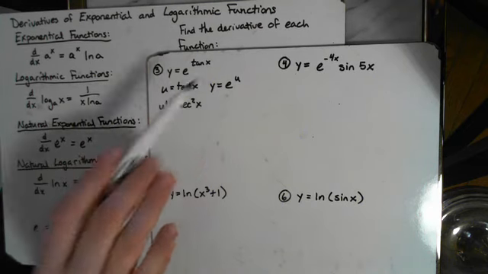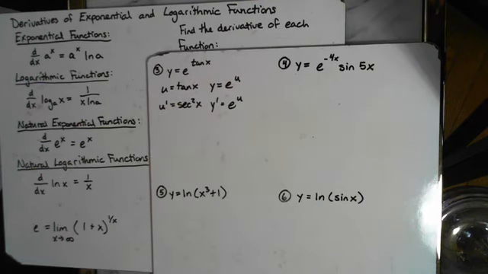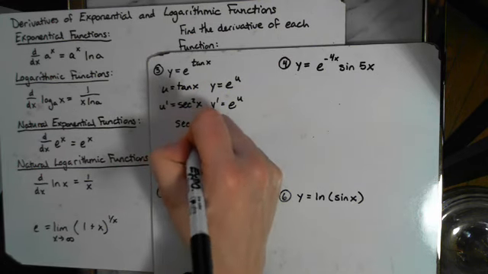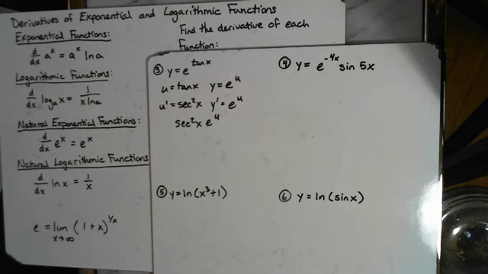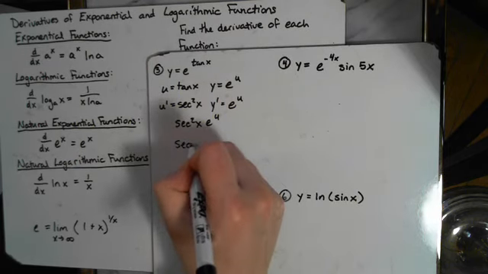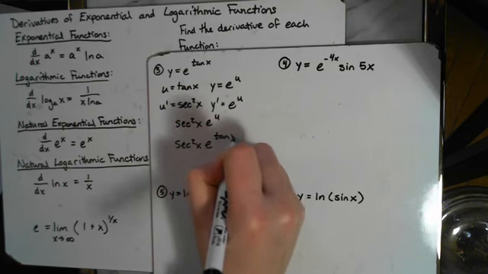And the derivative of e to a power is just going to be e to that same power. Now I should multiply these together, so I get secant squared x e to the u power. And I have to replace that u with what it was at the beginning. So this is going to be secant squared x times e to the tangent x.